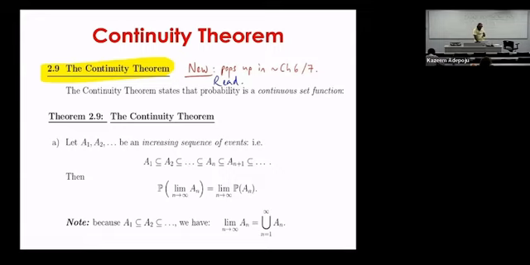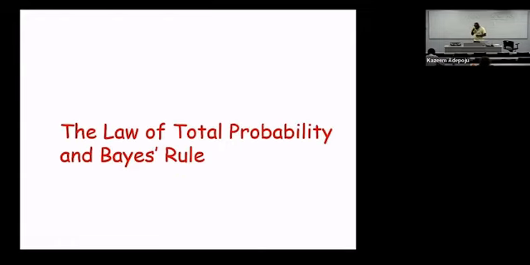I want to go into something more interesting, which I call the law of total probability and the Bayes rule. I'm going to revisit this, and we're going to apply it to a celebrated case, which I'm going to call the trial of the century in the United States, in 1996, the O.J. Simpson case.